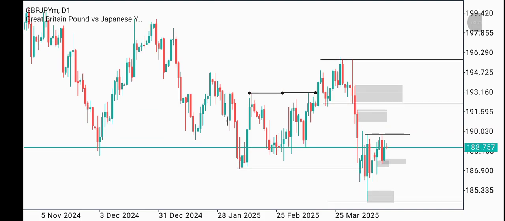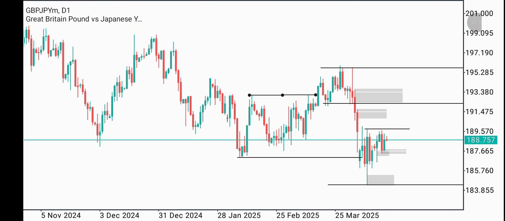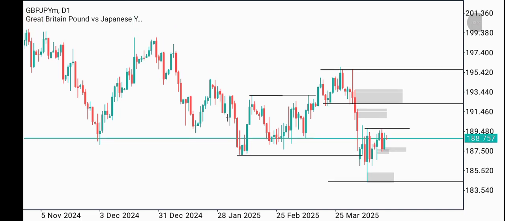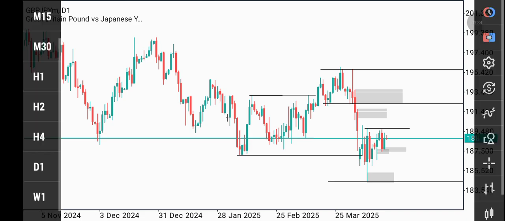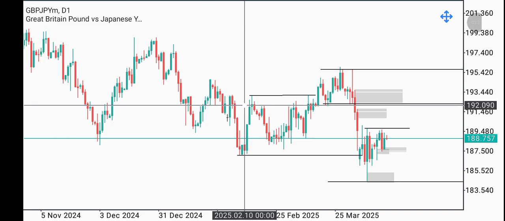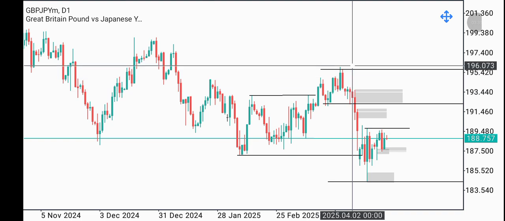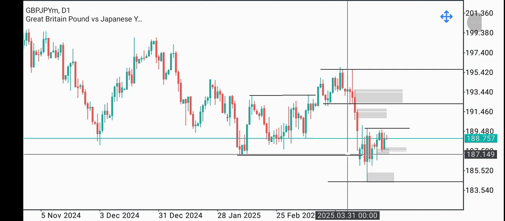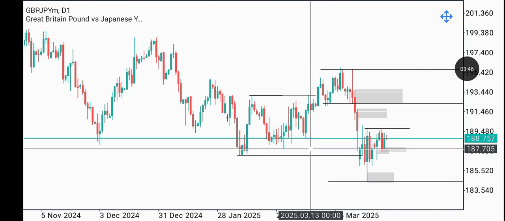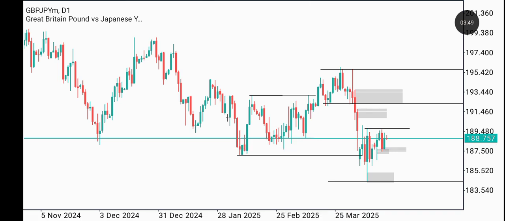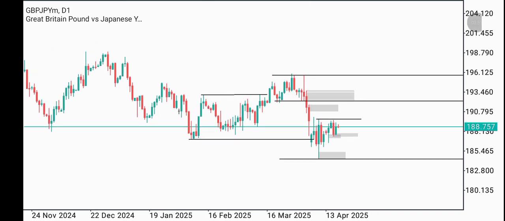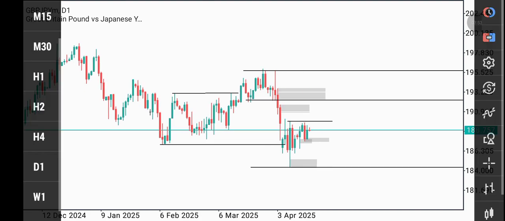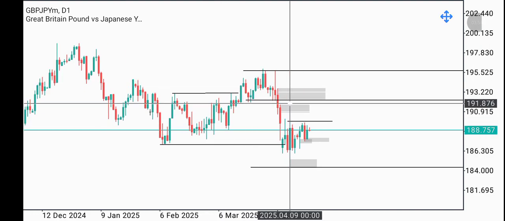Before we had a shift in market structure to the upside, it seemed like the market wanted to push to the upside before we have this massive bearish drop to the downside. So at this point, what we can expect is we can still expect a further drop in the market to continue.